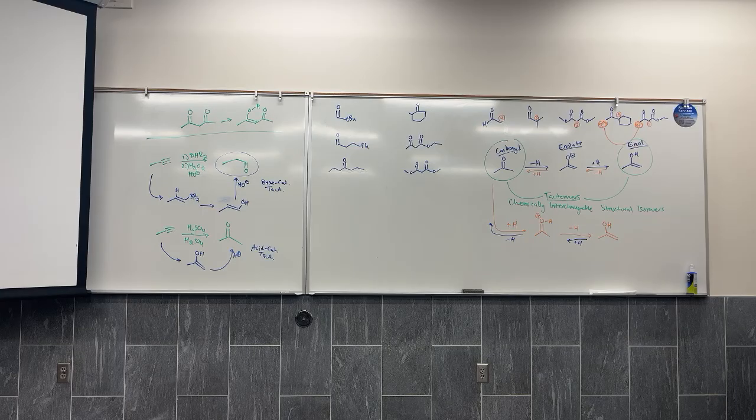How many alpha hydrogens can you remove? Is that an alpha hydrogen? What do we call that carbon? That's the carbonyl carbon. So is that an alpha carbon? No. Right. So how many alpha hydrogens?